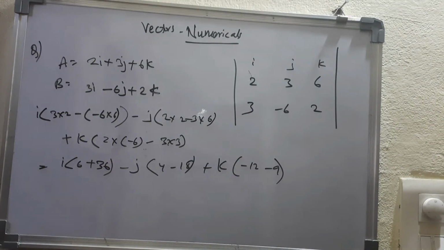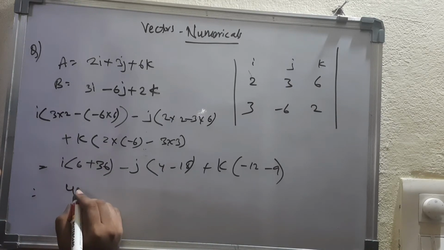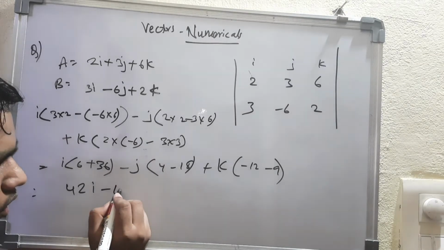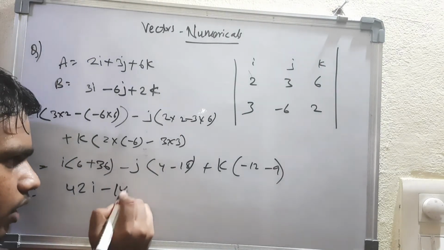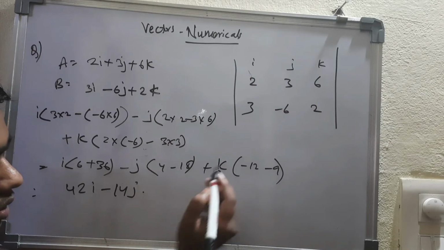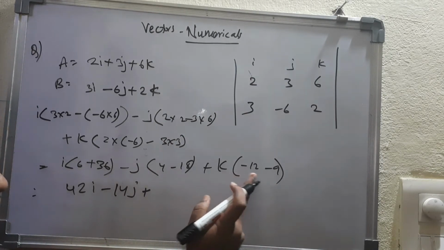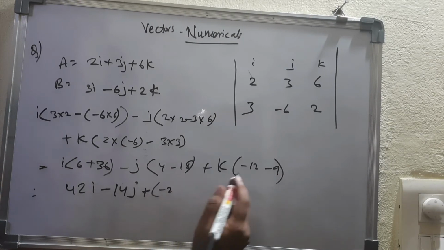So 42i minus j into 4 minus 18, which is minus 14j, plus minus 21k.